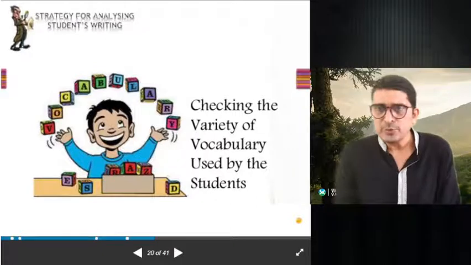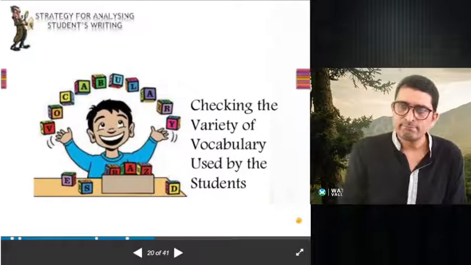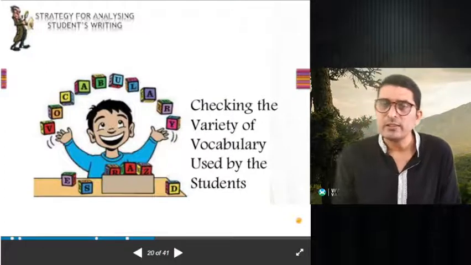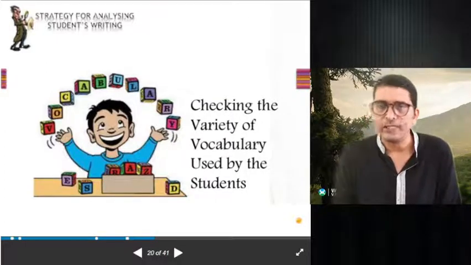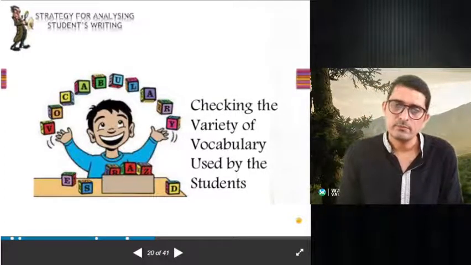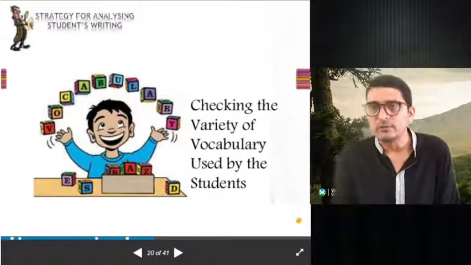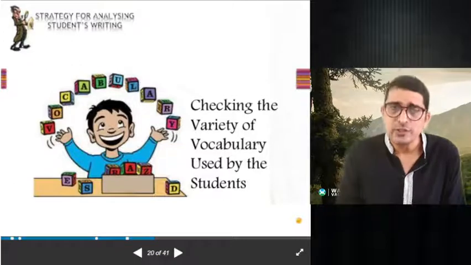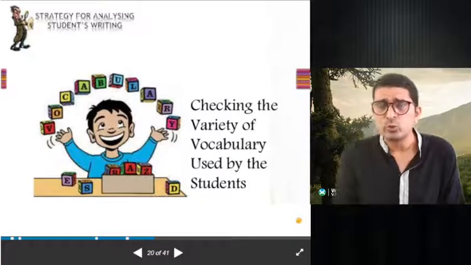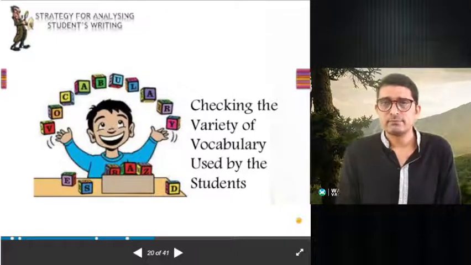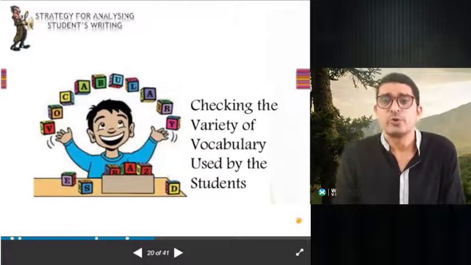There are different types of vocabularies. Two types of vocabulary are active vocabulary and passive vocabulary. Active vocabulary includes the words which you can make use of when you are going to speak or write something. You are able to use them in your own sentences.